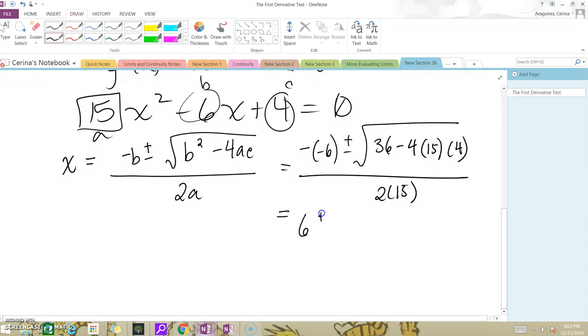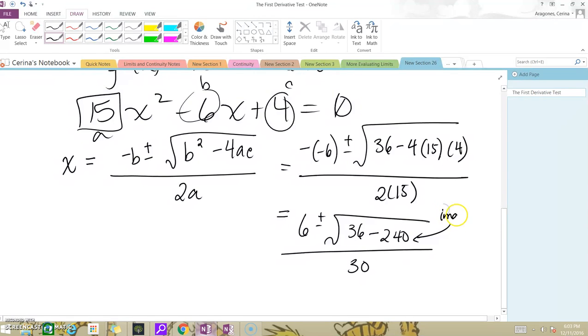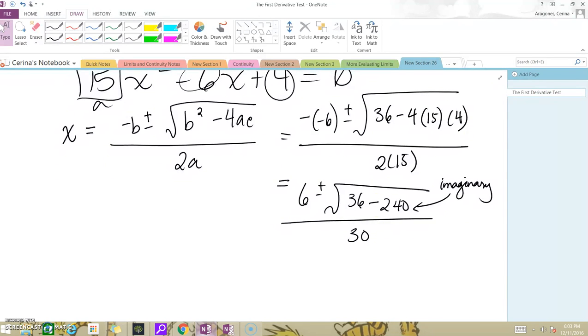It becomes 6 plus or minus the square root of 36 minus 15 times 4 times 4, which is 240, all over 30. This becomes an imaginary number right here, so you don't have any zeros. You don't have a max or min, because you can't take the square root of a negative number.